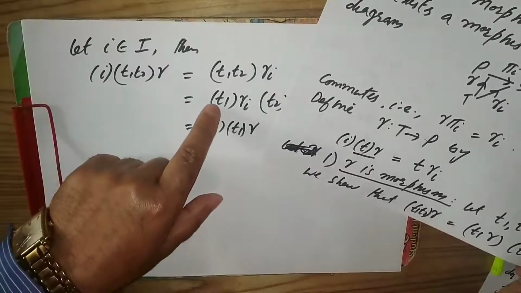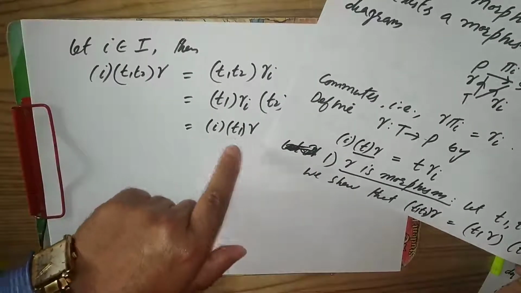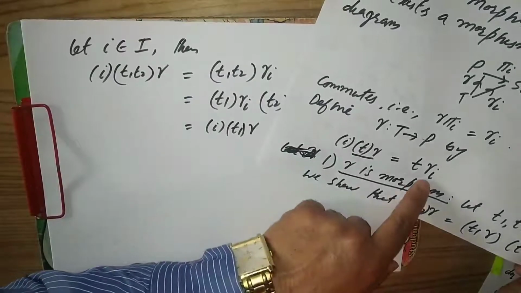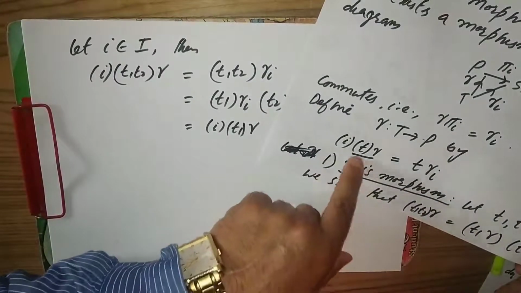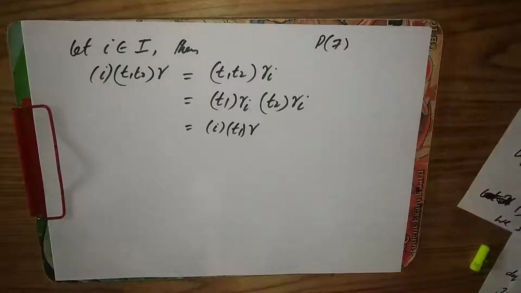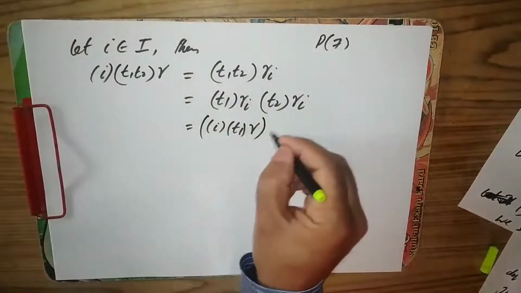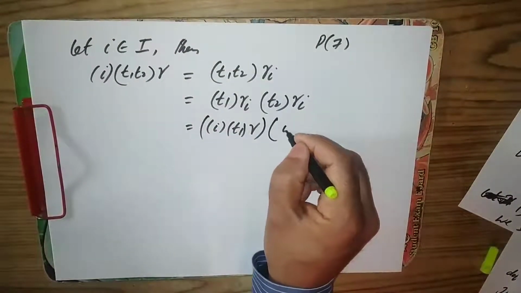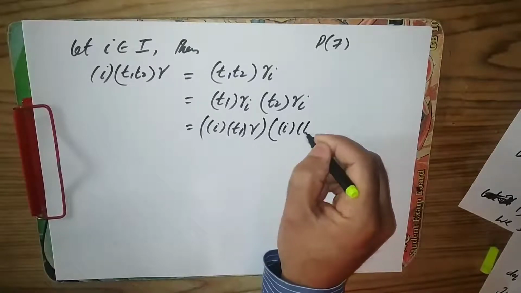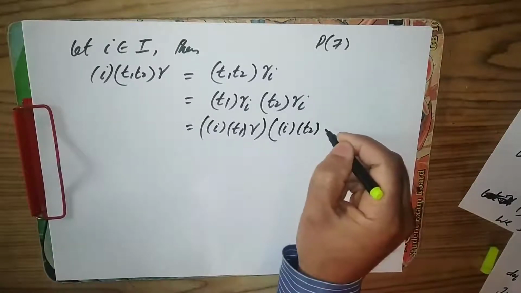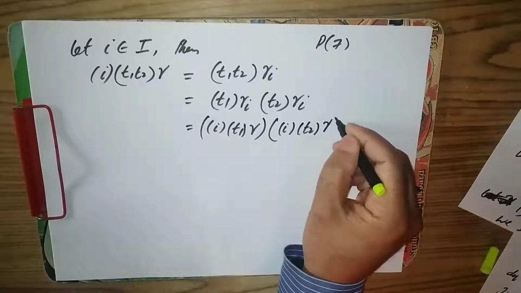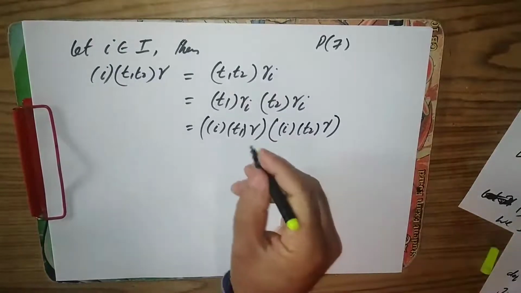So T1 gamma i is equal to i (T1 gamma), and similarly here it's equal to i (T2 gamma). Now what's T1 gamma actually?